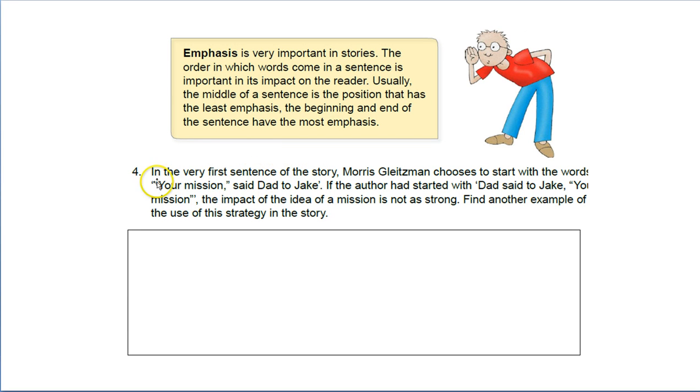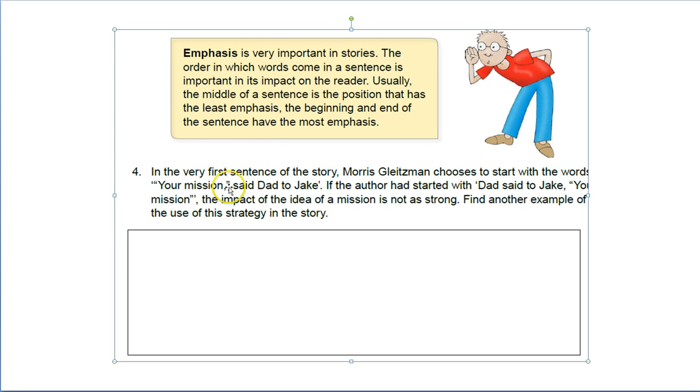Look at this example again. Your mission, Dad said to Jake, is a lot better and a lot more interesting and places emphasis on mission than if the author had started with Dad said to Jake, your mission. It makes it a lot more exciting by starting with your mission. It puts emphasis on the adventure.